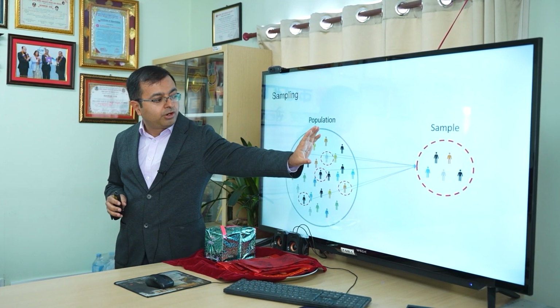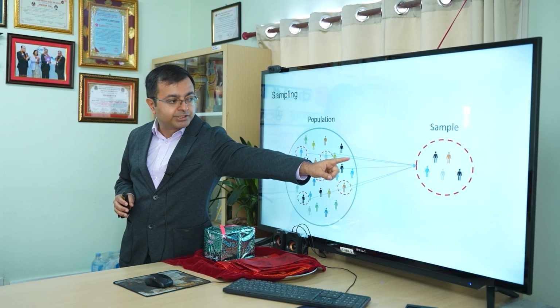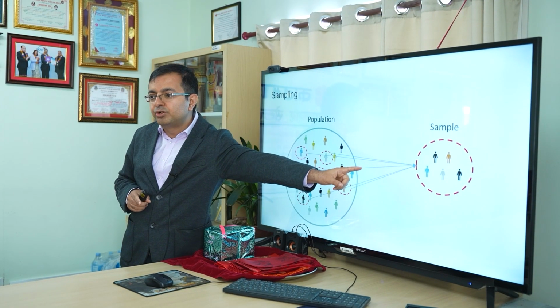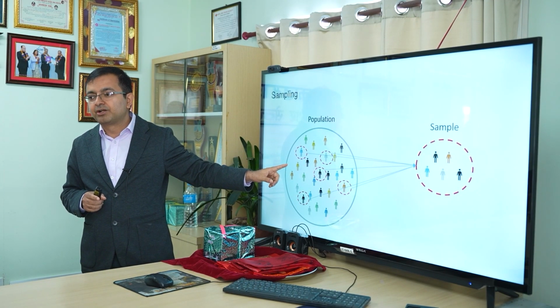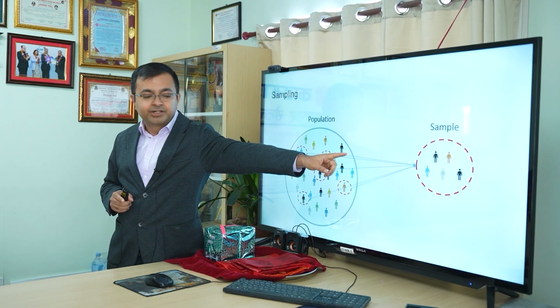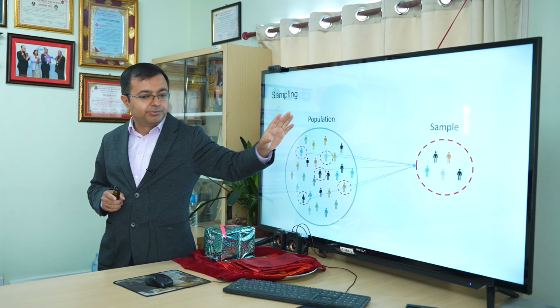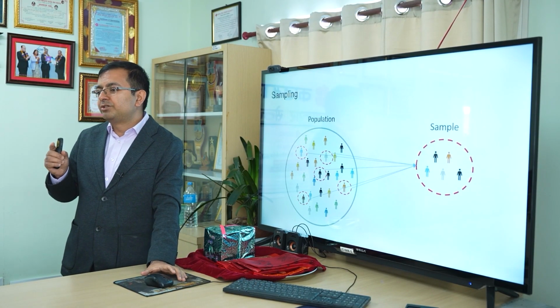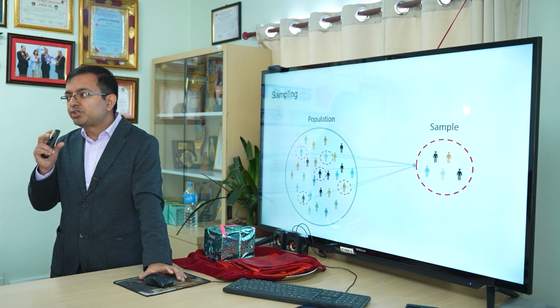We do all the experiments and observations on that group, and later we say that if this thing happens in this group, the same thing is going to happen in the population also. If these people are going to vote for a certain party, we think that the whole of Nepal is going to vote for that party. So the sample is very important, because we are doing all the deduction and conclusion based on a small subset of the population.